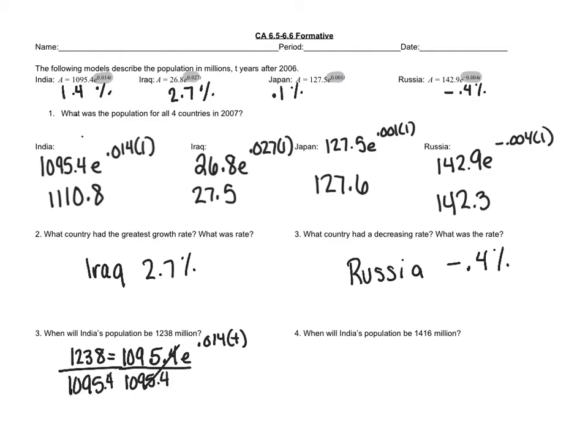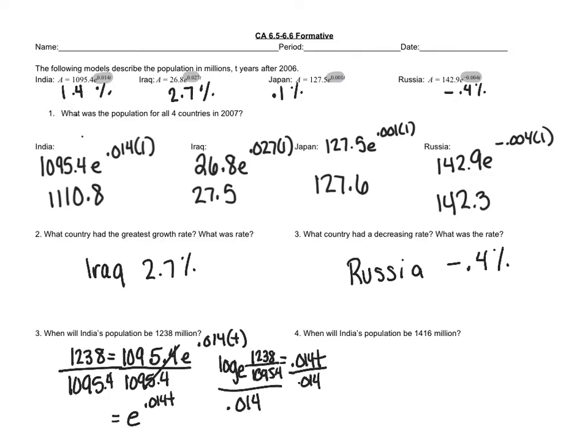So now I have that equals e to the 0.014t power. So we're going to go to log form, log base, answer equals exponent, and then we're going to divide by 0.014 on both sides.